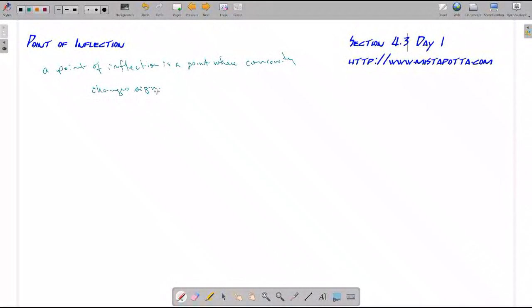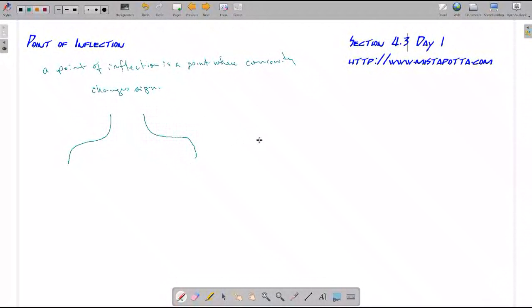So I'm looking for a place where the concavity changes sign, either a place where the concavity goes from being concave down to concave up, or from concave up to concave down.